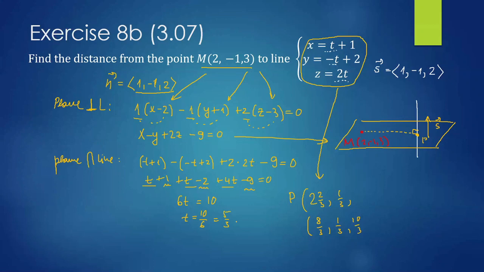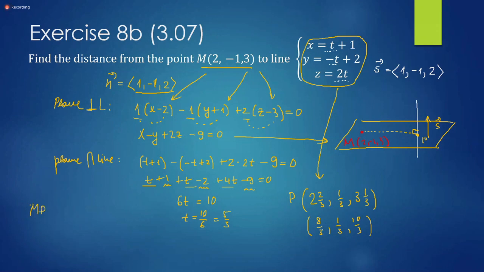And so the last step would be finding the distance. The last step would be the vector MP or PM, whichever we prefer to do. Let's do MP.